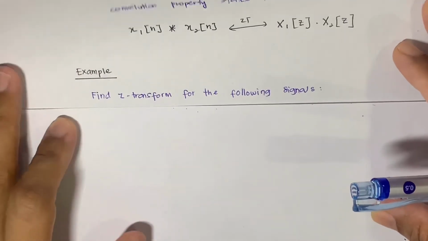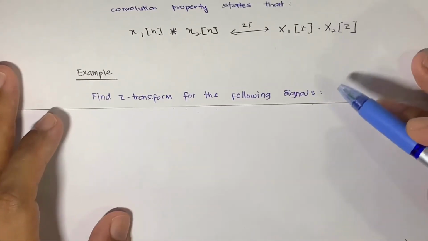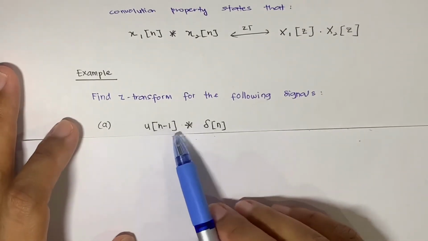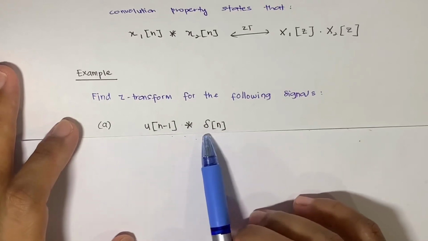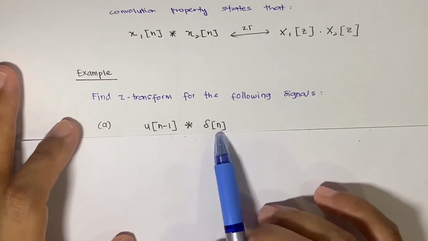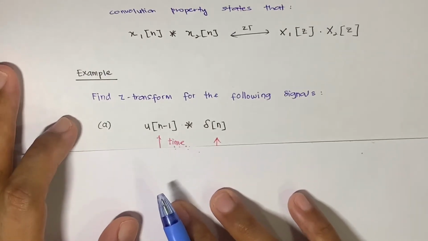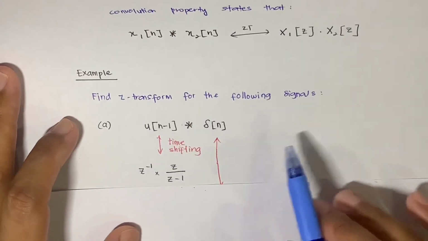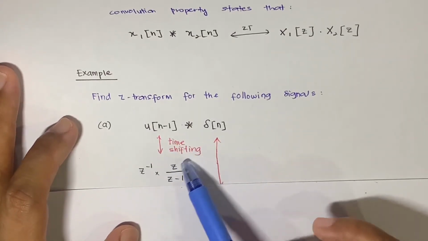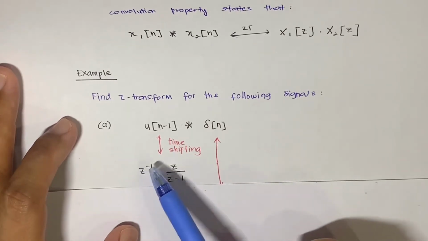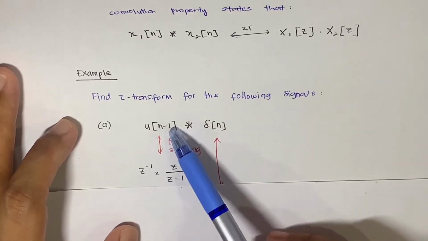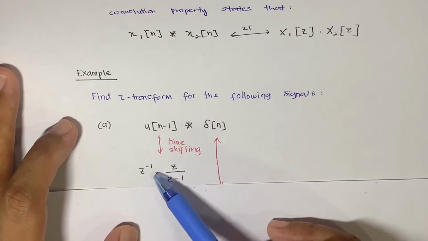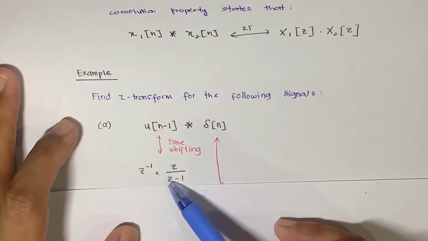The question asks you to find the z transform for the following signals. We have u[n minus 1] convolution with delta[n], which is the impulse. Okay, this is the time shifting property, so you need to apply it. You will get z to the power of minus 1 because n naught is 1, multiplied by z over z minus 1.